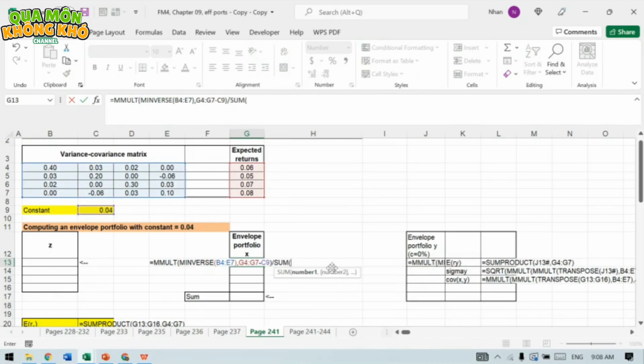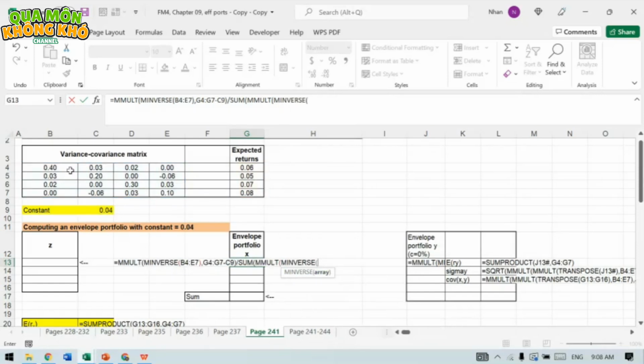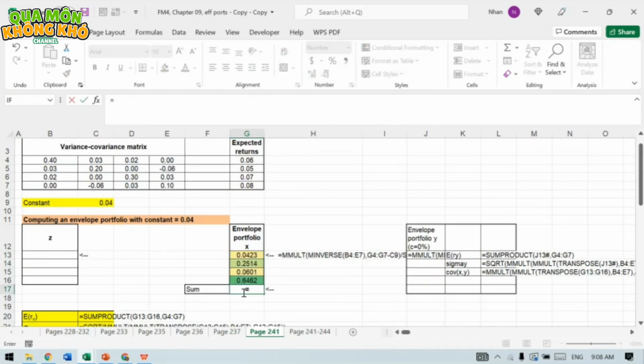It's sum, just sum. Inverse, variance, covariance, and the expected return minus. And absolutely, the sum of it has to be equal to 1.